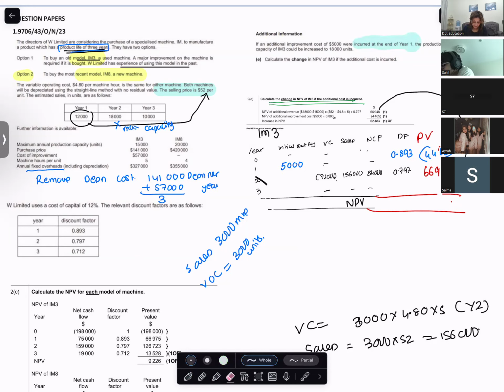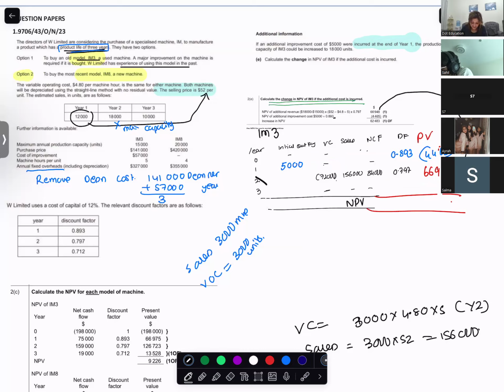Your old NPV was 9,226. But if you do this change, that means you do an extra expenditure of 5,000, you would be able to increase the income of 3,000 units. So what is the net increase or decrease? They want the change. So I just incorporated the change that will happen. So the change will be 66,948 minus 4,465.